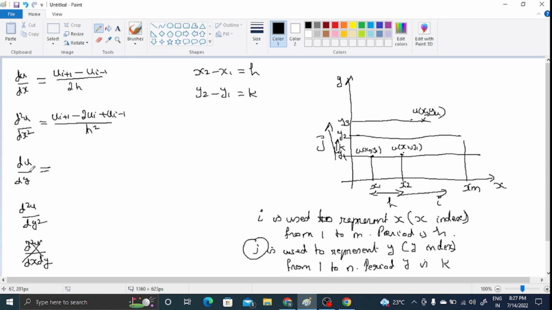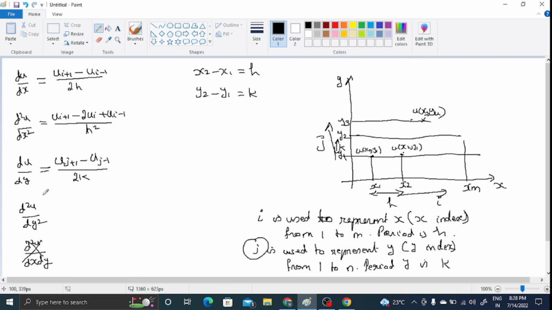This is a first order term, so the first order finite difference approximation is u, now what about the index? We have to use j. So u j plus 1 minus u j minus 1 divided by 2 into, now what is the period? If it is y, the period is k. So du by dy is equal to u j plus 1 minus u j minus 1 divided by 2k.